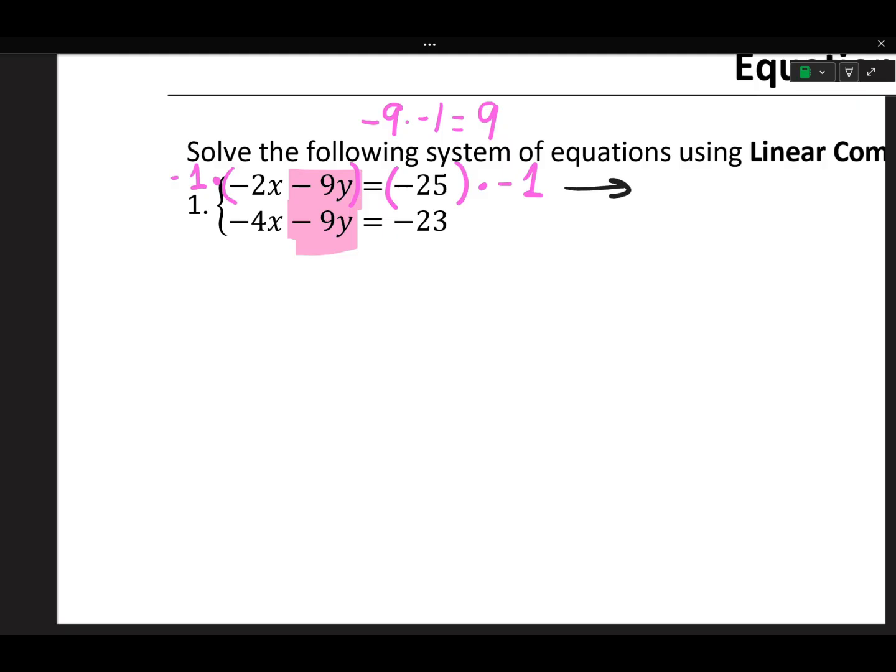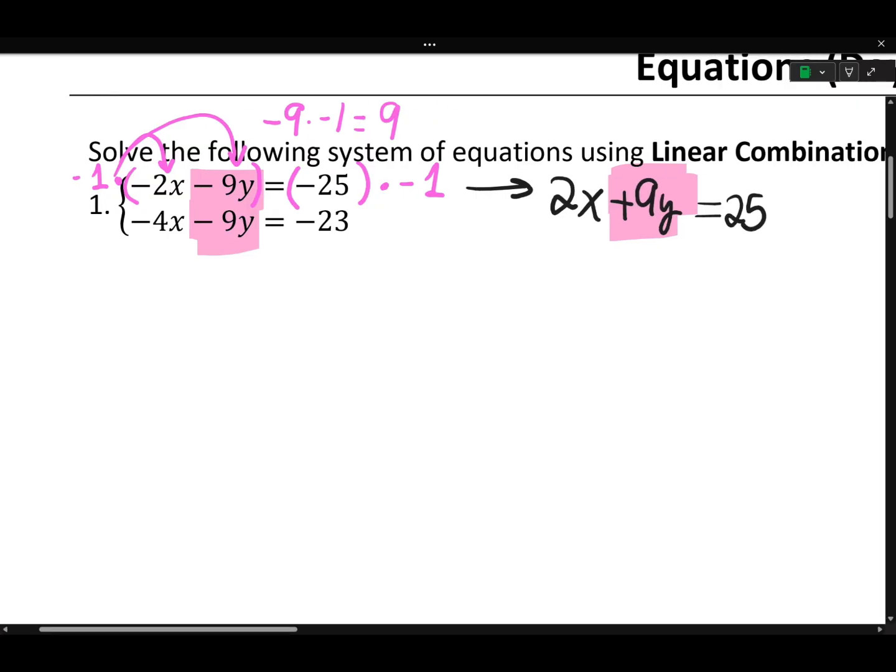We're going to distribute. Negative 1 times negative 2x is positive 2x. Negative 1 times negative 9y is positive 9y. Perfect, we need that. On the other side of the equal sign, negative 25 times negative 1 is positive 25.